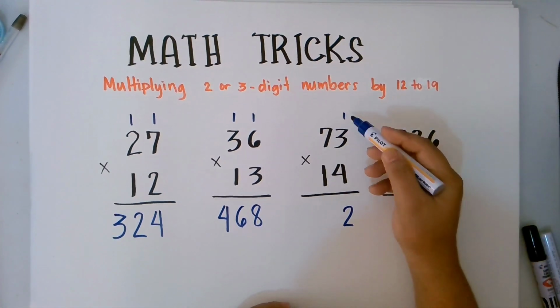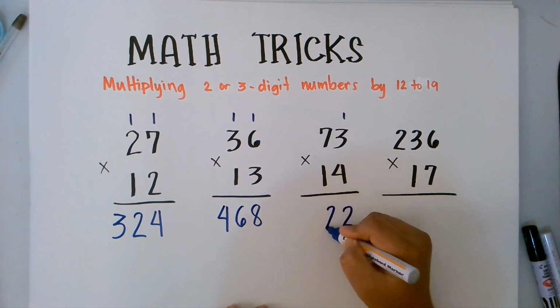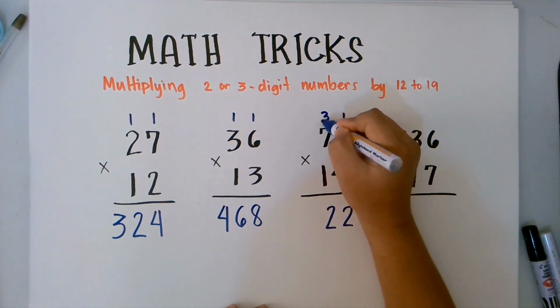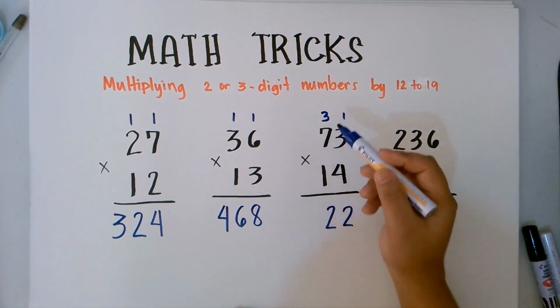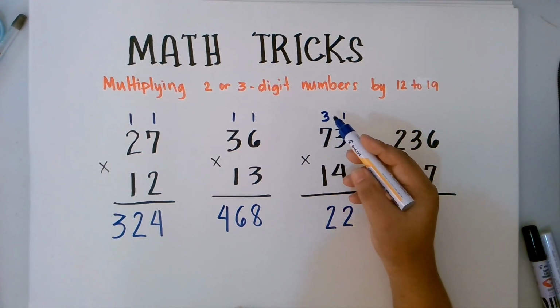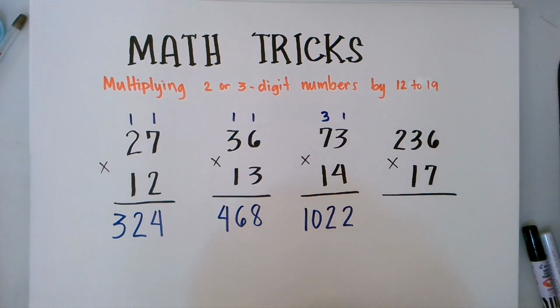And then plus 1, of course, it's 32. Okay? So we will write 2 dito. And yung 3 niya, i-carry natin sa taas ng 7. Okay, 1 times 7 is 7 plus 3, it's 10. So therefore the product is 1022.